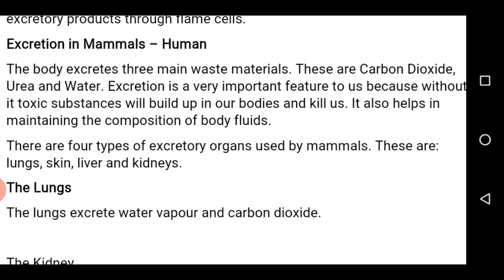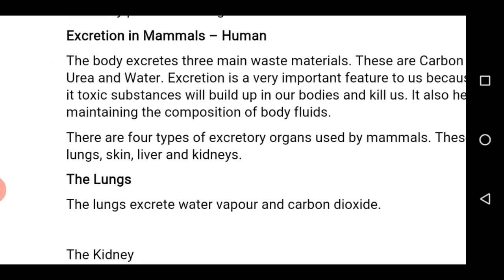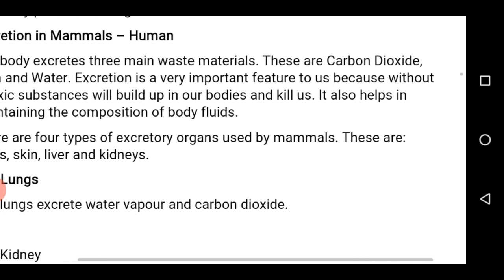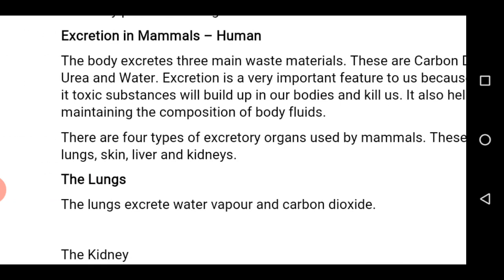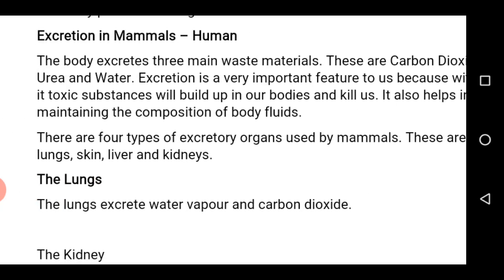The body excretes 3 main waste materials: carbon dioxide, urea, and water. This excretion is a very important feature to us because without it, toxic substances will build up in our body and kill us. It also helps in maintaining the composition of body fluid, that is homeostasis.